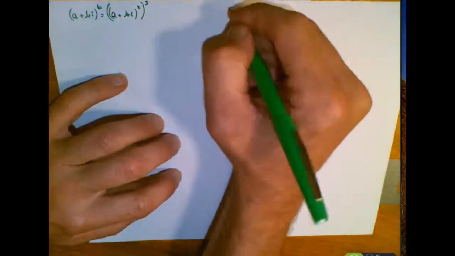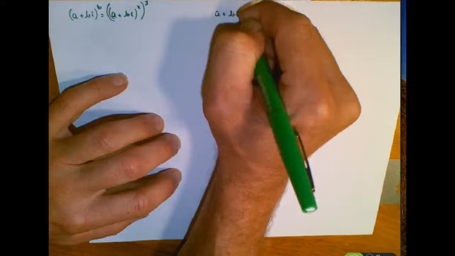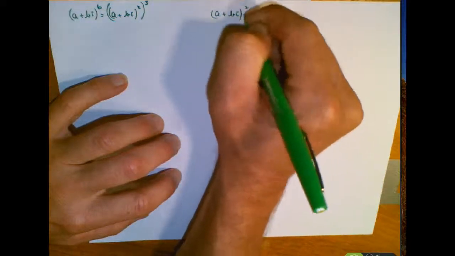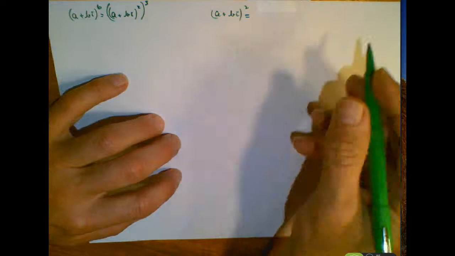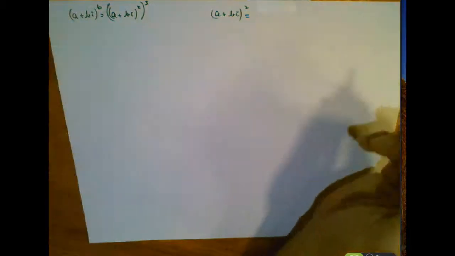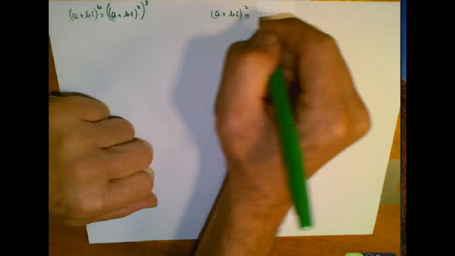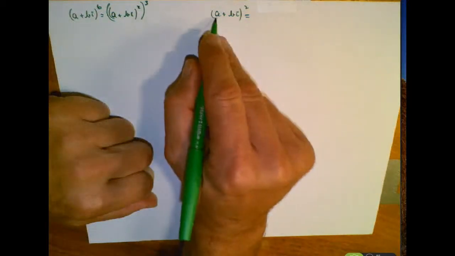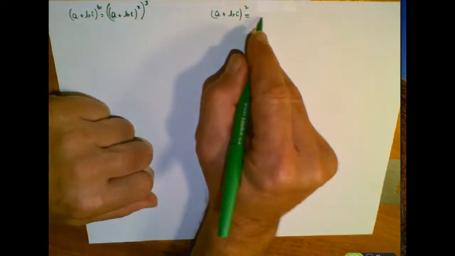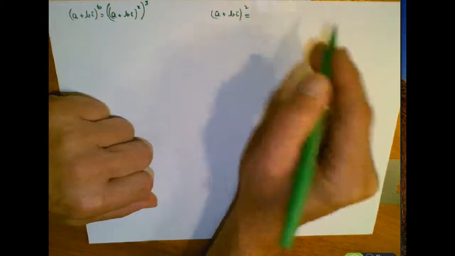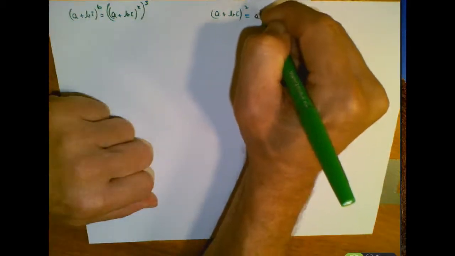So I'm going to go on the side here and look at what (a + bi) squared would be. When I solve that, I want to think of my factoring pattern that we learned in Algebra 1, (a + b) quantity squared. As we think of the terms, we want to put the real terms first and then the imaginary terms second. So I know that I'll have an a squared.